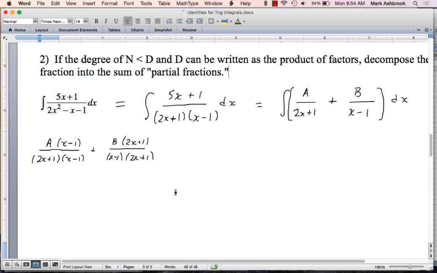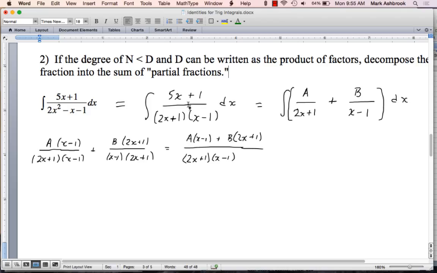And so now when I add it, I've got my common denominator, 2x plus 1 times x minus 1, and the numerator is a times x minus 1 plus b times 2x plus 1. That is equal to the sum of these, which is equal to that.